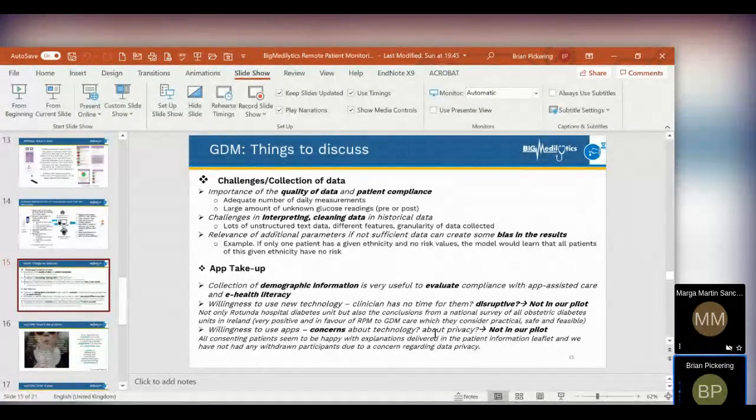We have the same problems, and I think most of the other pilots we just talked about, patient compliance and the quality of the data, cleaning the data. That's business as usual, really, isn't it, with big data? This thing about biasing the results, this came up.